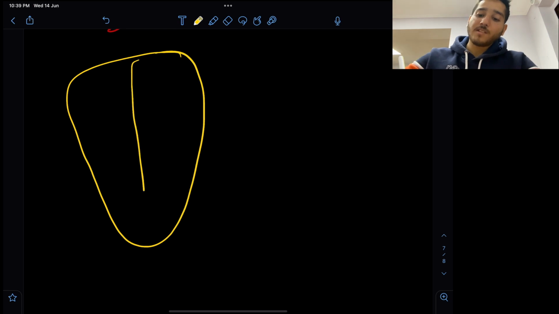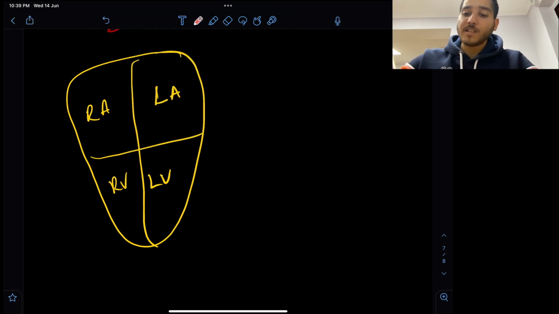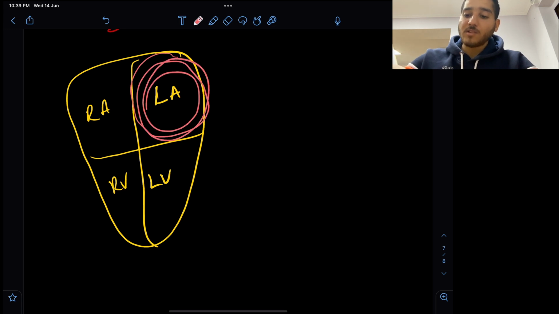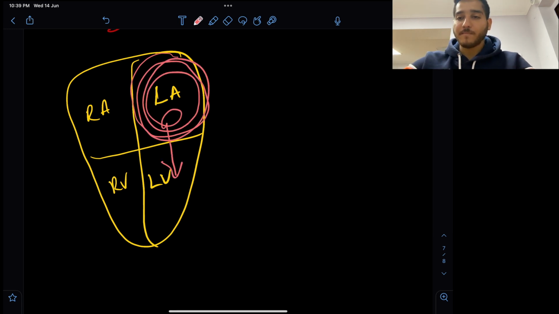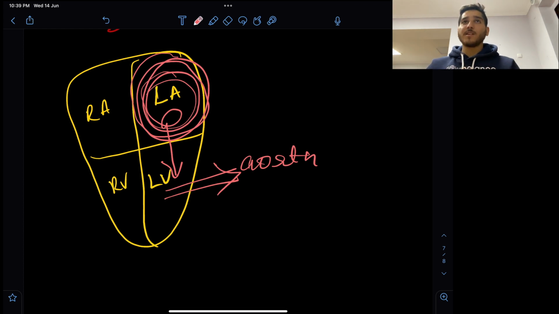I'll explain why. This is a normal heart. This is the left atrium, right ventricle, and left ventricle. Normally when the atria contract, all the blood goes to the left ventricle, and there's very minimal blood left in the left atrium. Then the blood goes to the aorta. So there's no stasis of blood, the blood never stops at any place.